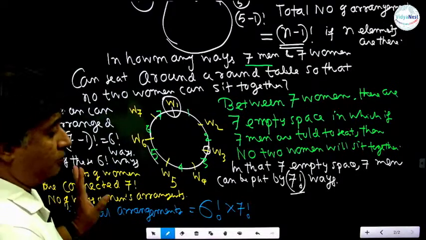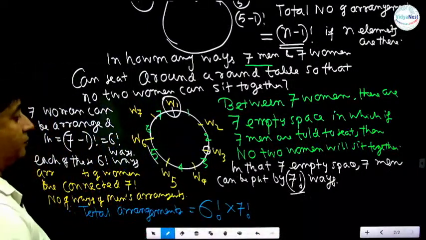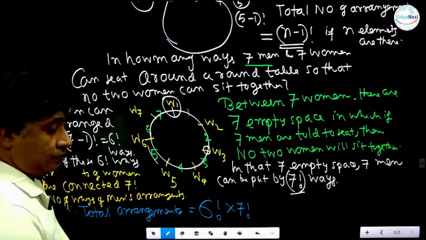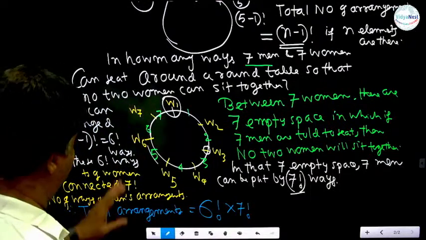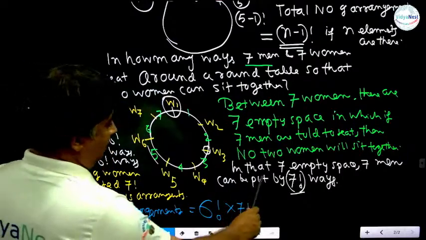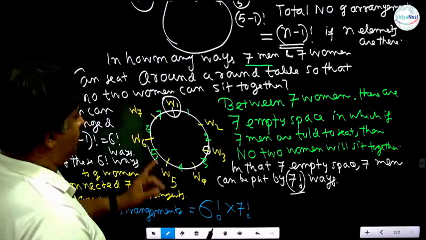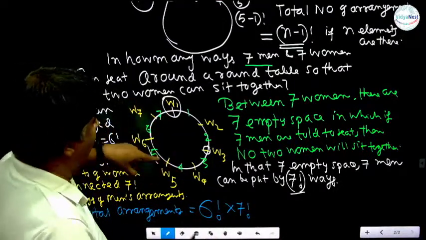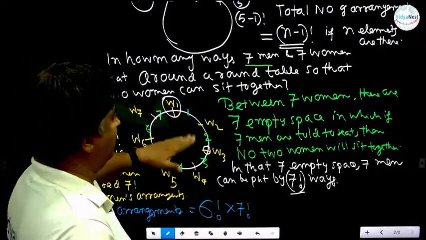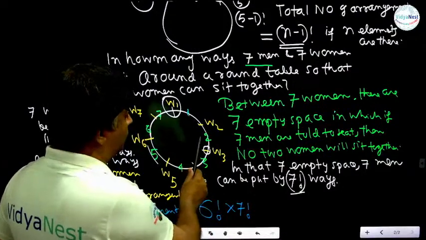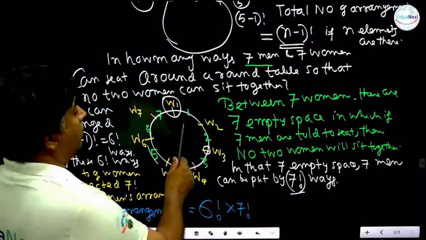Hope there is no problem. You have got it, what I mean to say. Yes. See that 7 factorial. How many women are there? 7 women. So in between them, how many empty spaces are there? 7. So in those empty spaces, if I put 7 men, then no 2 women will sit together.